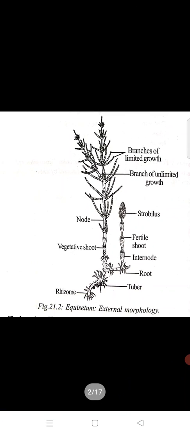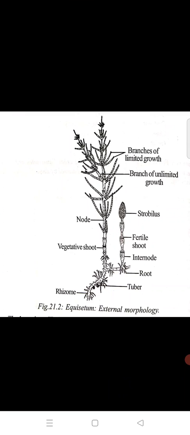So it is positively geotropic, and it is of two types, that is vegetative shoots and fertile shoots. First one, the vegetative shoots. These vegetative shoots are green and photosynthetic. They are branched. They contain nodes and internodes.